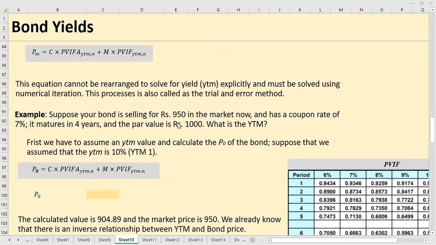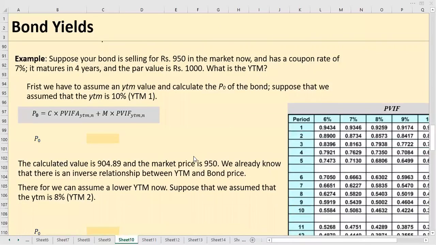Now according to this trial and error method, we are going to use our same old formula, and we are going to assume two required rates of return and calculate the P0s, or the values of that bond, based on those two required rates of return.